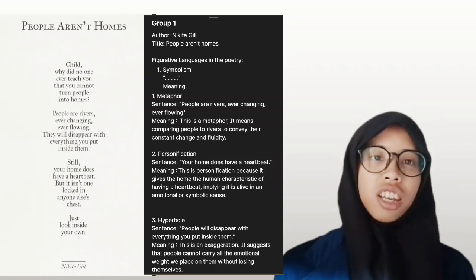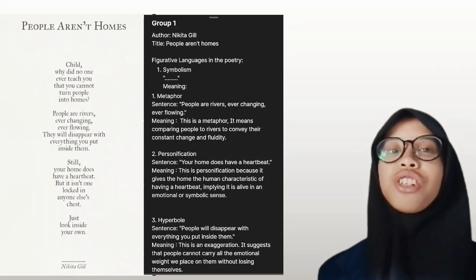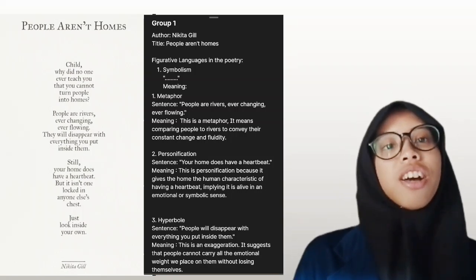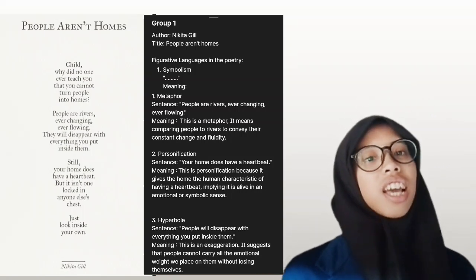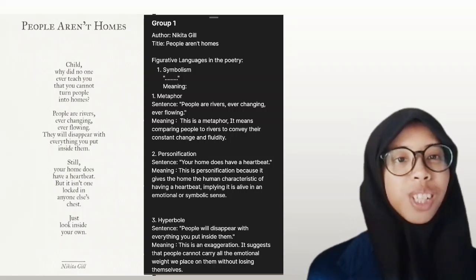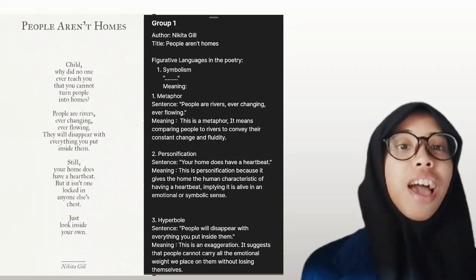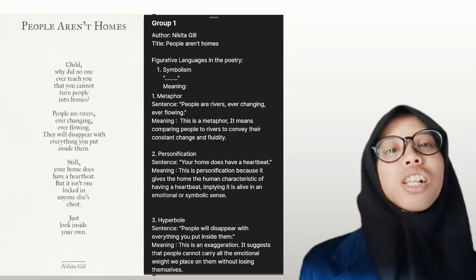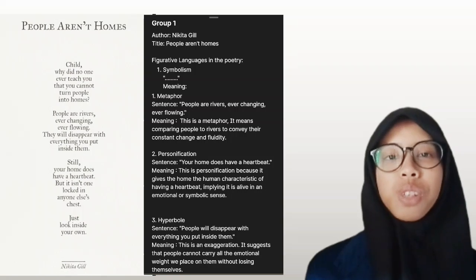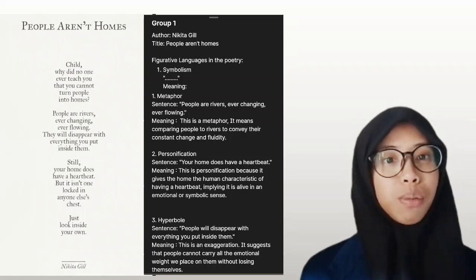And then the first sentence, "child." Child here can also symbolize something, because even though the author says child, it doesn't mean a real child, right? Do you really talk poetry in child? The author uses the word child perhaps to represent emotional immaturity, or a lack of understanding in human relationships.